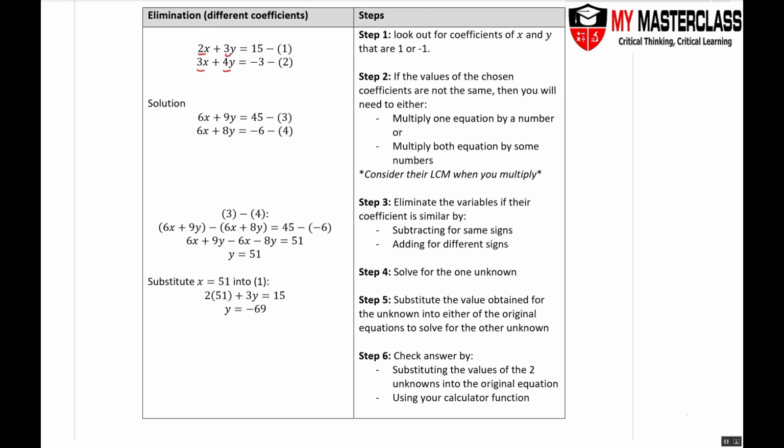The LCM or lowest common multiple for 2 and 3 is 6. So what they did was they formed equation 3 and 4 by multiplying equation 1 times 3 and equation 2 times 2. That's how they get equation 3 and equation 4.